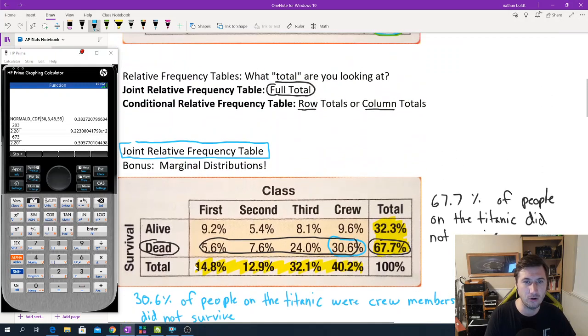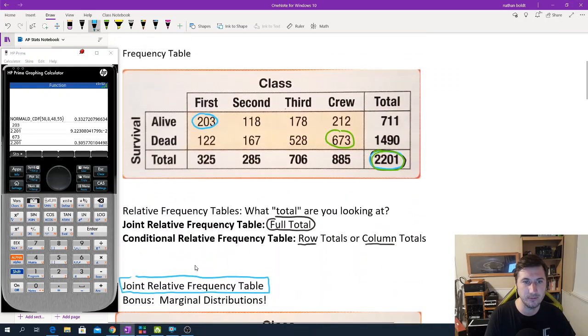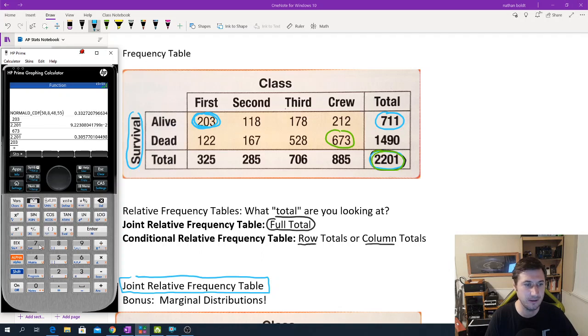We're going to go all the way back to our frequency table. We're going to take 203 and this time divide it by 711. We're dividing it by the survival status. So 203 divided by 711 gives us our 28.5%.